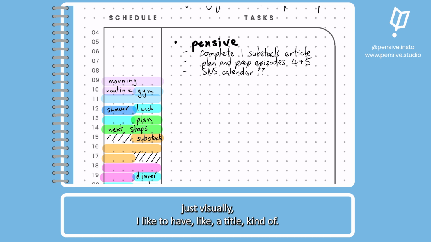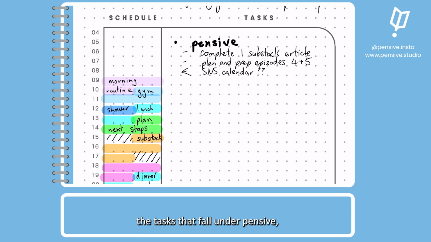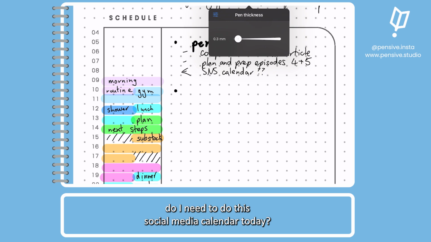Just visually, I like to have a title, which is why I wrote pensive in bold, and then underneath that the tasks that fall under pensive, and then the arrow is just me thinking, do I need to do this social media calendar today?